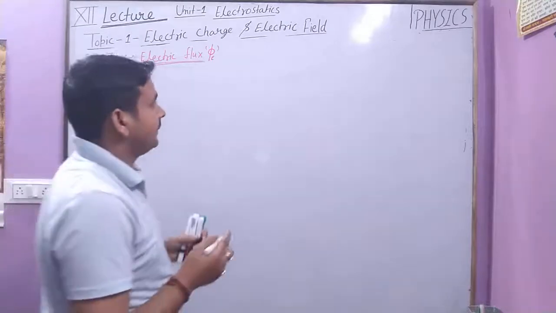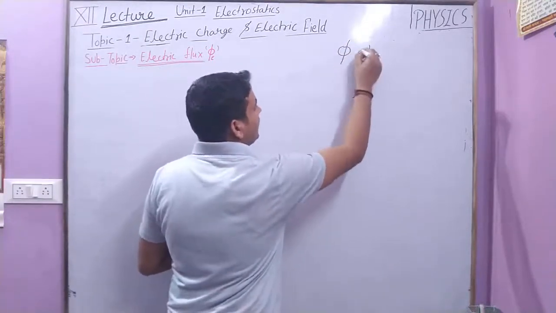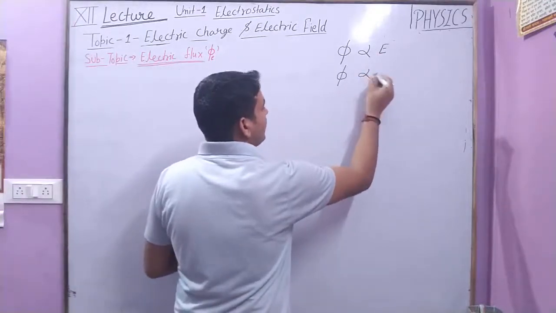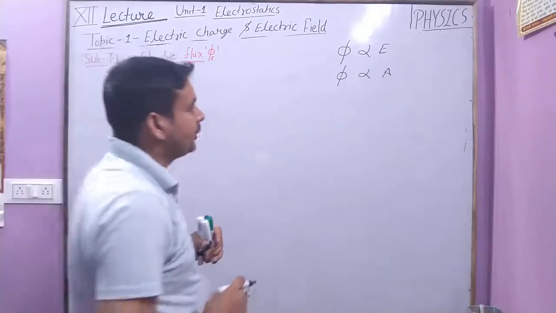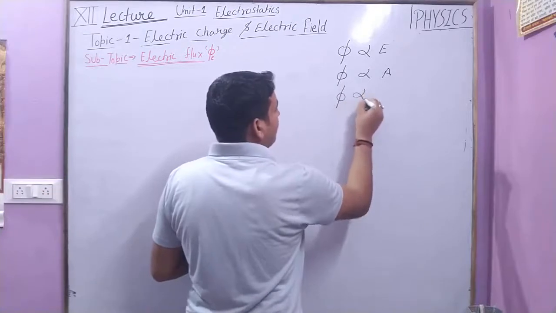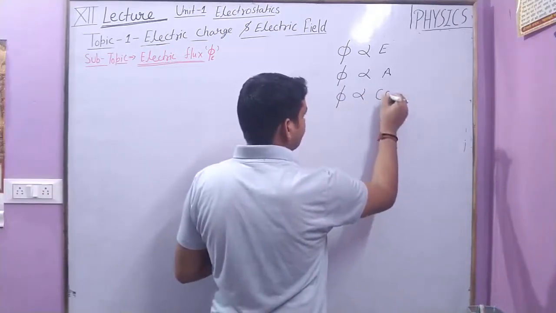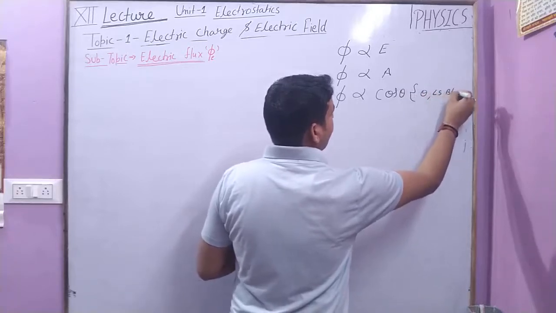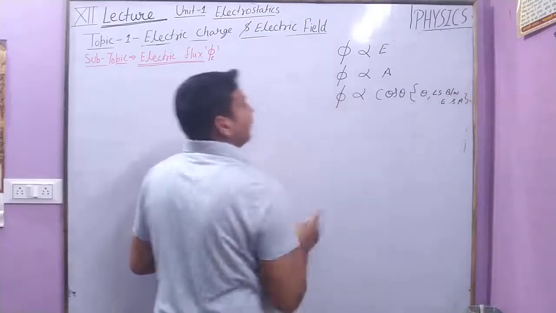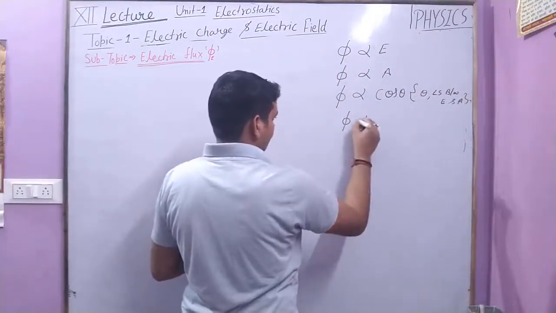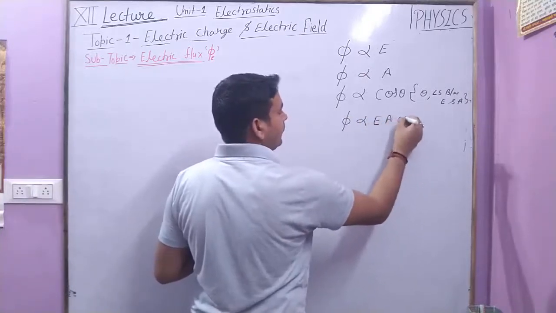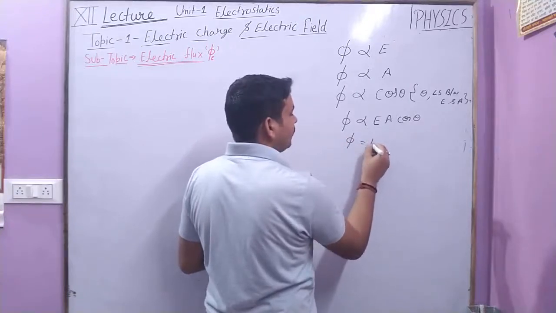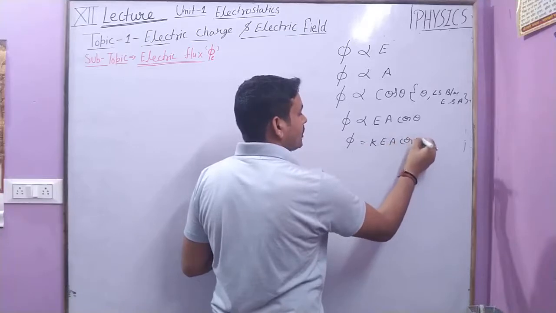It is observed that the value of electric flux is directly proportional to the electric field, and also directly proportional to the area, and it also depends on the angle theta between E and A. On combining all three, we get phi is proportional to EA cos theta. So phi is equal to K EA cos theta.